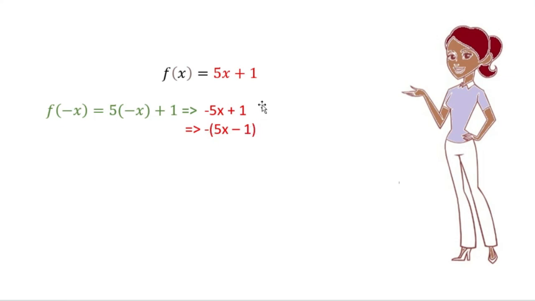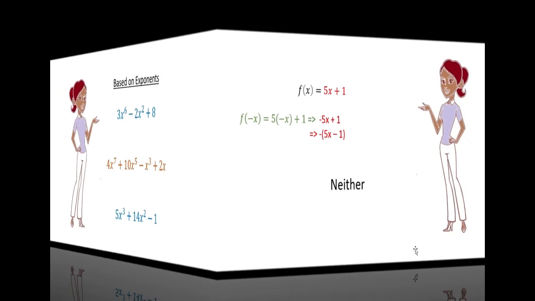This is not the same as our original. It doesn't negate the original. So therefore, since it does not get the original back, and it's not the negation of the original, this function is neither.